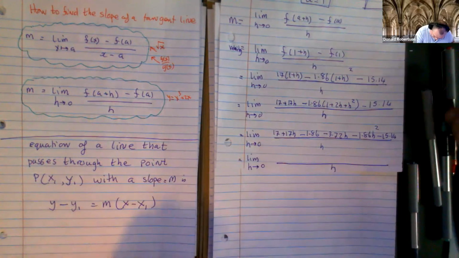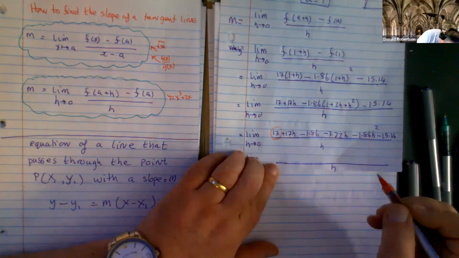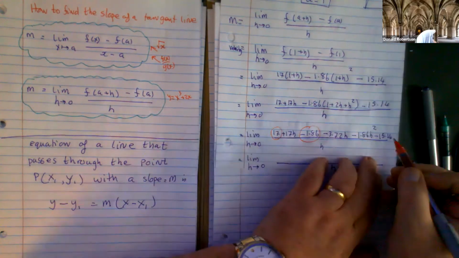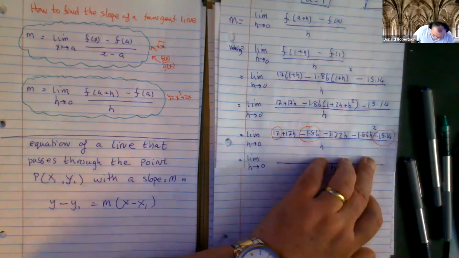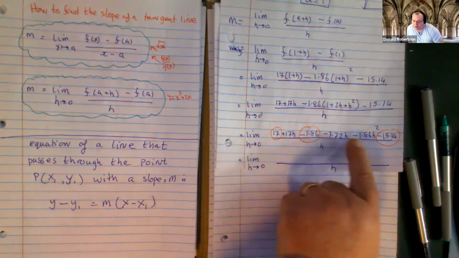Okay, let's try and make it nice. If you take that number and that number and that number, something very nice happens. What do you think you get when you combine those 3 decimals? What do you get when you combine that, take away that, take away that?